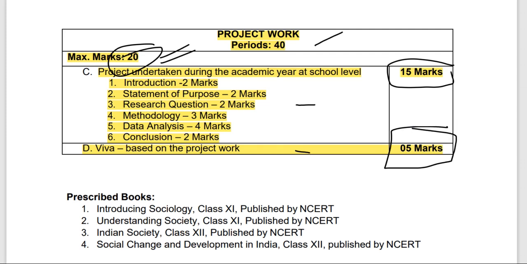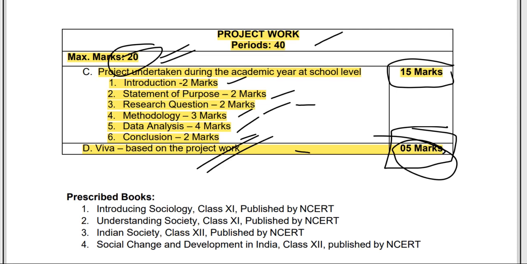The 15 marks for your project file are divided as: 2 marks for your introduction, 2 marks for the statement of purpose of you making that file, then 2 marks for your research questions, 3 marks for methodology, 4 marks for data analysis, and 2 marks for conclusion. Next, we have 5 marks for viva based on the project work.